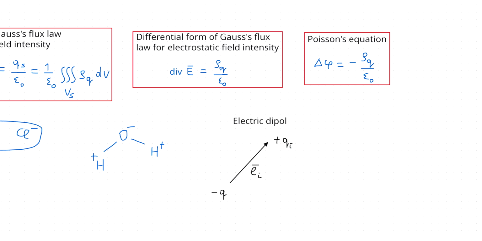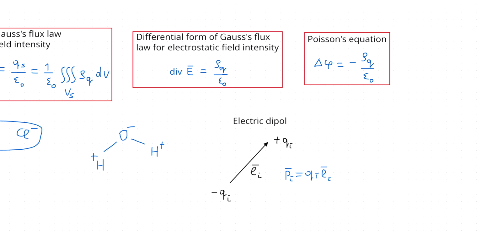The dipole moment p_i is equal to q_i multiplied by L_i. Of course, the dipole moment has the same direction as vector L_i. So it is directed from negative charge to positive charge and is equal to this product.